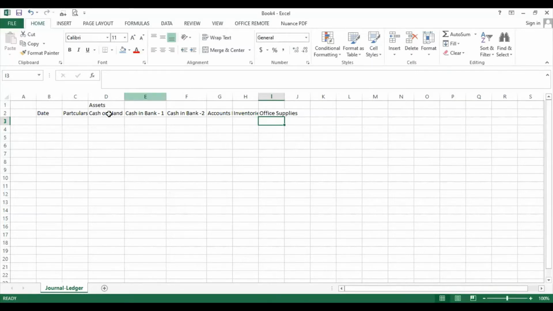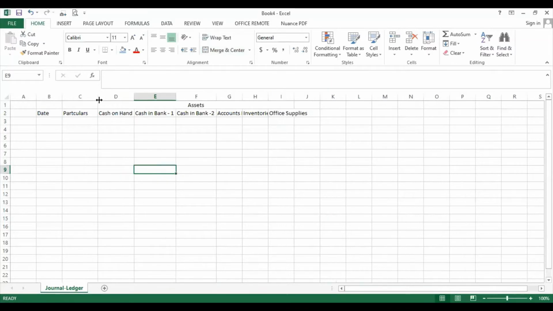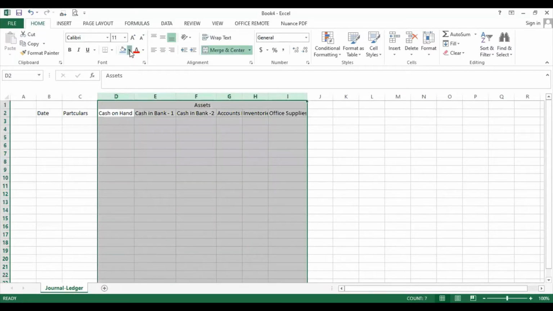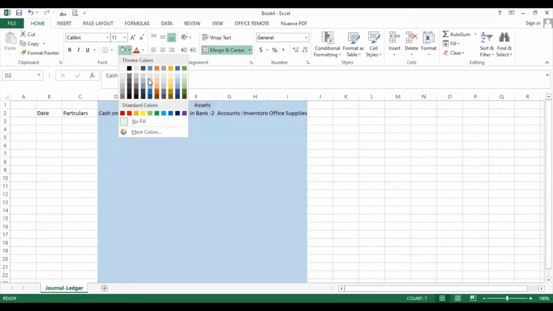So let's merge this to signify that all of these are assets. And to see all of them more clearly, you can highlight and fill with something light.